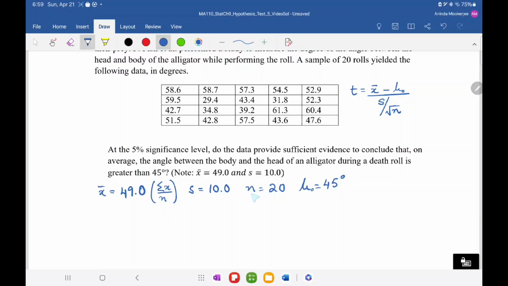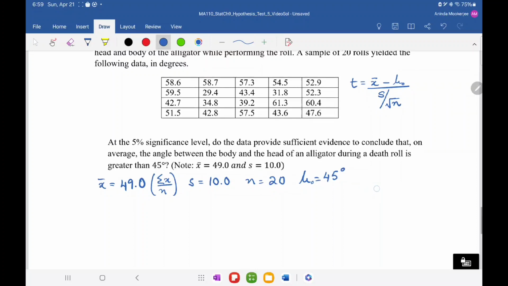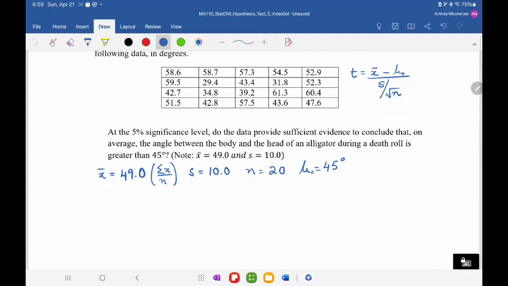So now we have all the data we need to calculate the test statistic for t. So we can go ahead and start working on the steps, right? There are 6 steps to performing a hypothesis test. It starts with stating the hypothesis. So step 1 is state the hypothesis.